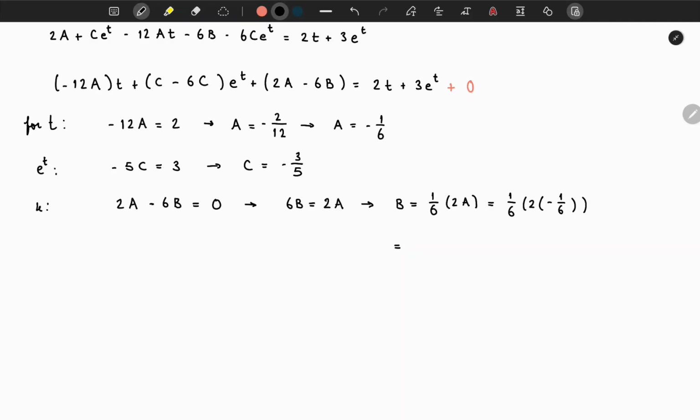And then 2 times negative 1 over 6 would give us 1 over 6 times negative 2 over 6, and then negative 1 over 6 times negative 2 over 6 would give us negative 2 over 18. Oh wait, there is something wrong here. It should be 1 over 3. Well, technically it would be 2 over 6, which simplifies to 1 over 3.